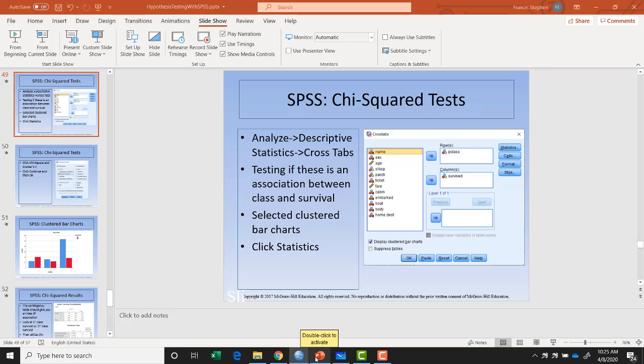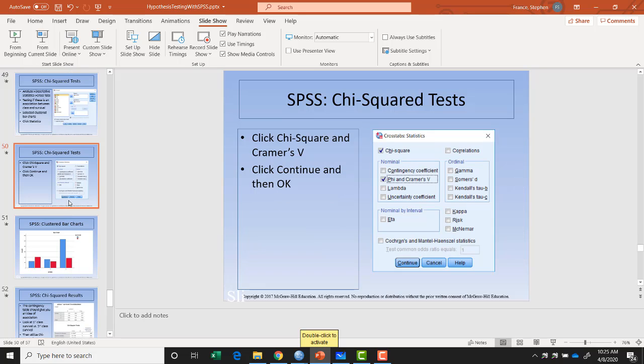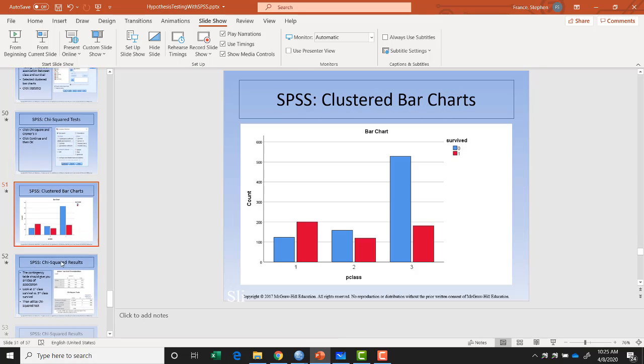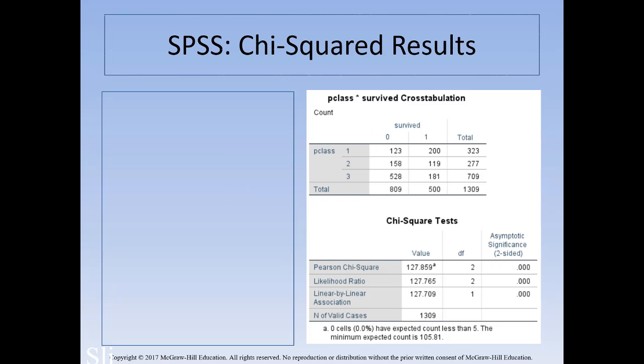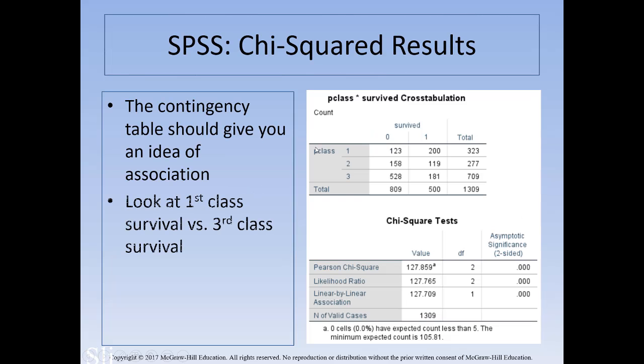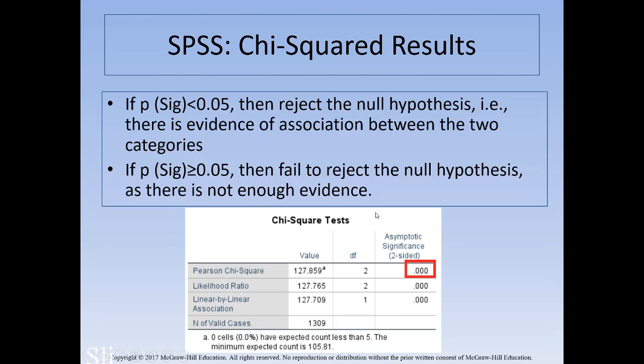So let's go back. We've just done the clustered bar chart. Let's have a look at the results. So we have the contingency table, and then we have the chi-squared test. So going back, remember if our p-value is less than 0.05, then we reject the null hypothesis, i.e. we have some evidence of association, there's evidence of dependence.